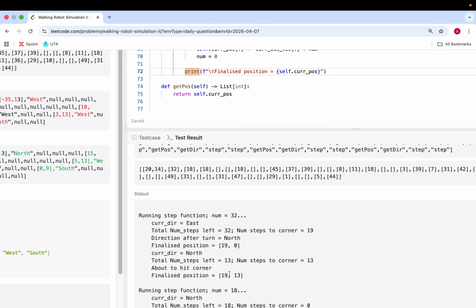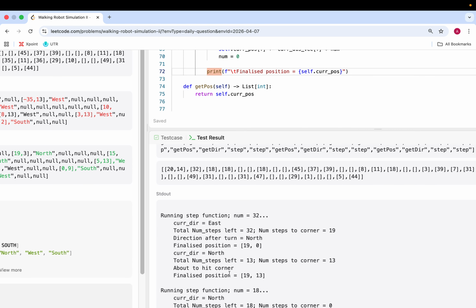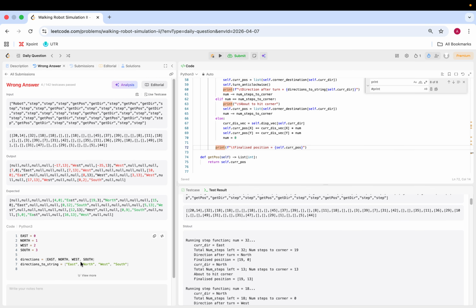Current direction is east. 1913. Does that sound right? Also 20 by 14, so I want to say no.